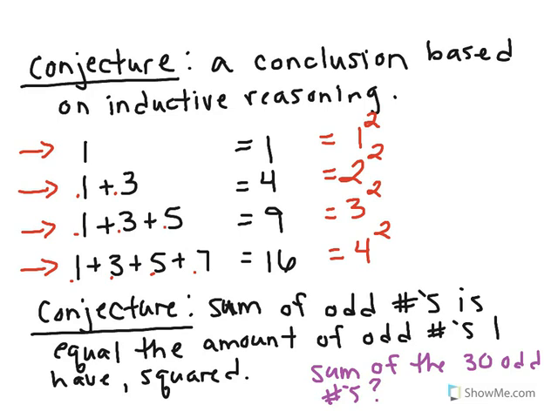What I was able to determine here is that the sum of the odd numbers that I'm looking for is equal to the amount of odd numbers I have squared. So in this case, in purple, this is the sum of the first 30 odd numbers. Well, that means if I follow my conjecture, it should be whatever 30 squared is, which is 900.